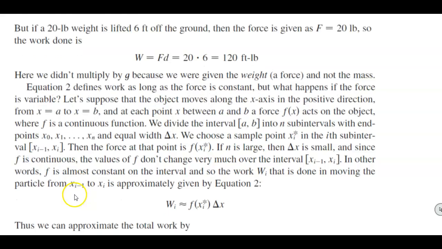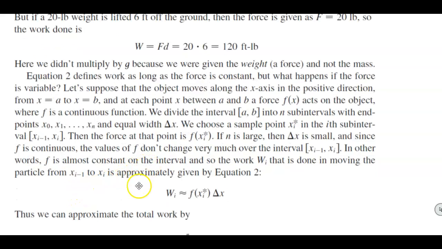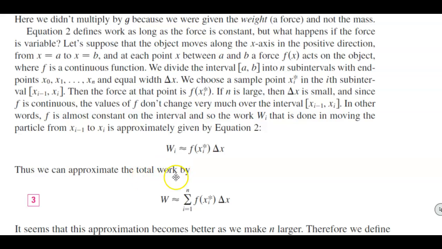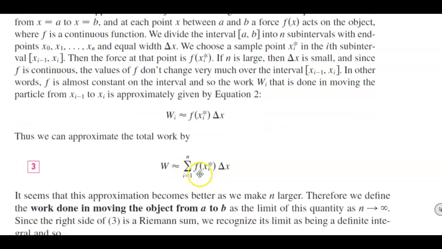In other words, f is almost constant on the interval, and so the work done in moving the particle from x subscript i minus 1 to x subscript i is approximately given by equation 2. So the work W subscript i is approximately f of that value x subscript i times delta x. Thus, we can approximate the total work by making that into a summation.